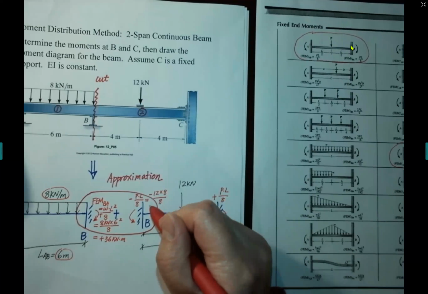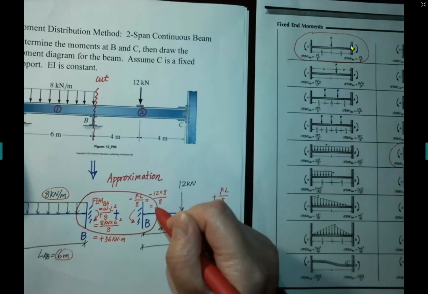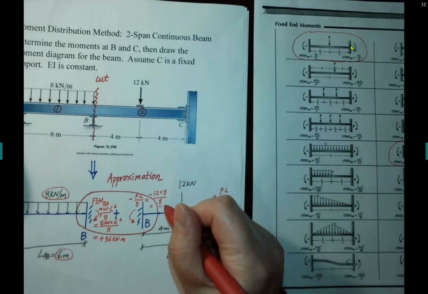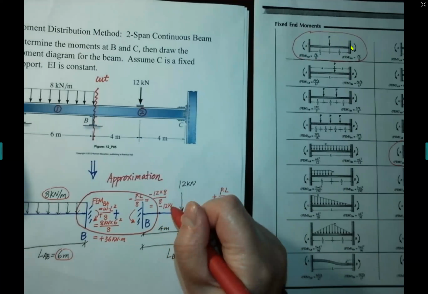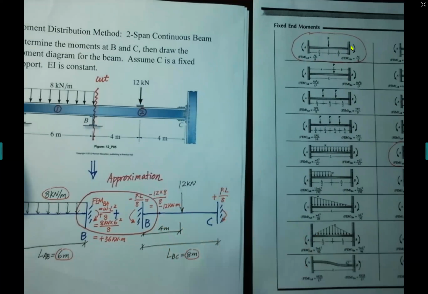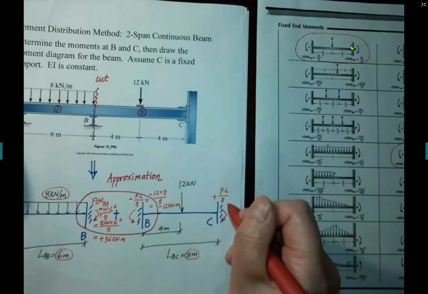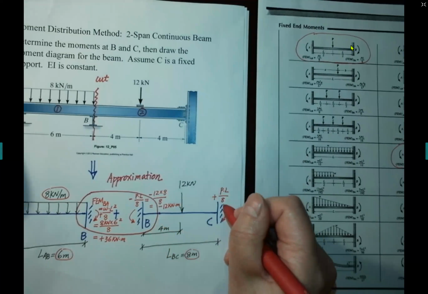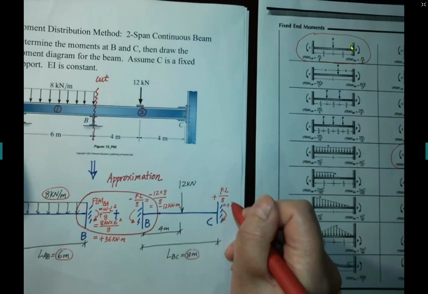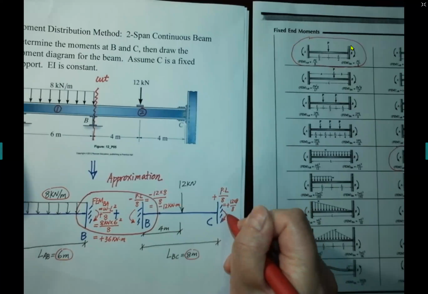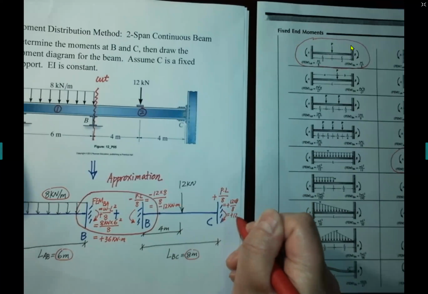Then we get the fixed end moment equals to negative 12 kilonewton meter. And on the other side, equals to positive 12 times 8 over 8. Then equals to positive 12 kilonewton meter.